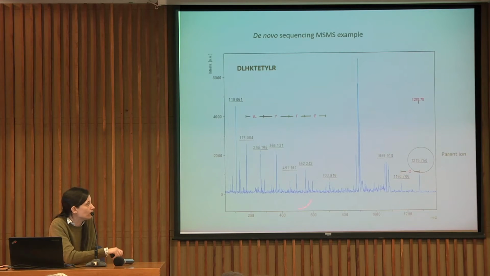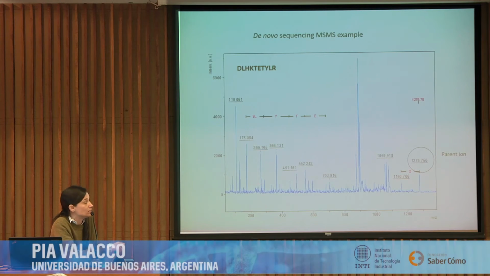So here we have an example in a real MS/MS spectrum, and this is pretty difficult to do. You need a lot of experience and a lot of tips and tricks, but basically once you start identifying the Y or B ions and you calculate the delta between the peaks, you can predict the amino acid sequence of the peptide you fragmented.